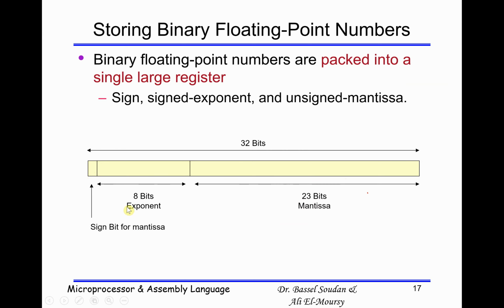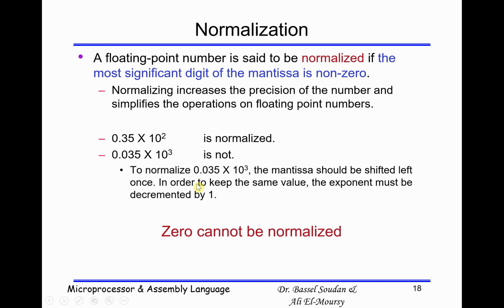Definitely we don't need too many bits for the exponent, because the exponent is representing the powers of 2. So with a few bits of the exponent we can represent a significant number, as we will see in the following examples.